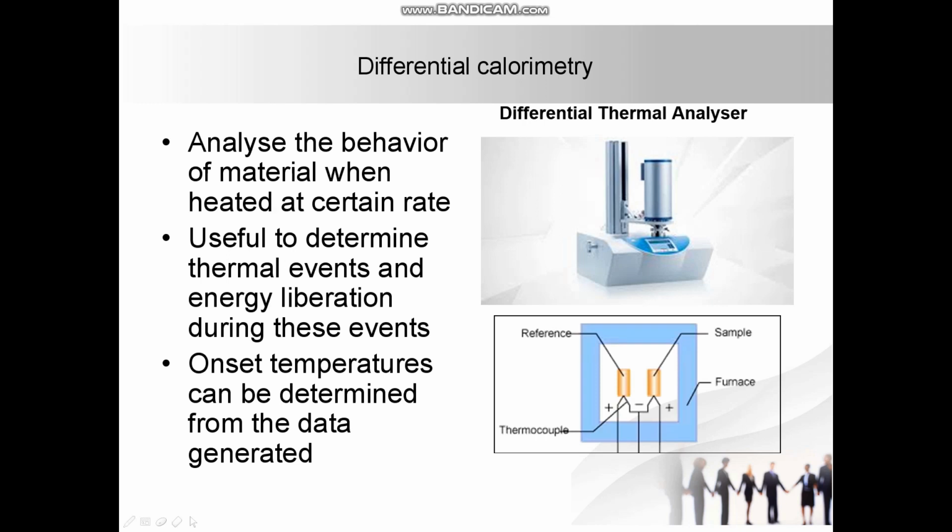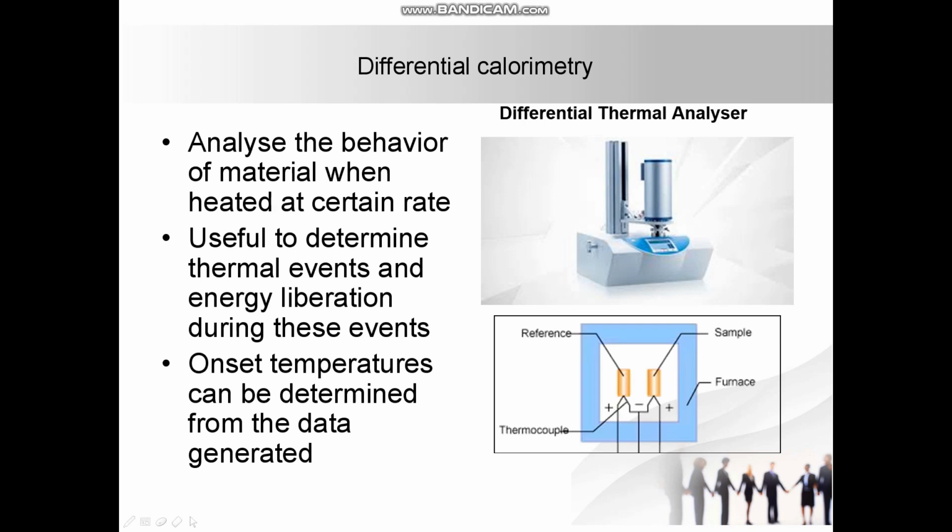This is useful in case of thermal decomposition of chemicals. When we are storing or heating chemicals inside a reactor or a storage tank, we must know at what temperature and at what time the material will decompose. This can be assessed through this technique of differential thermal analysis.